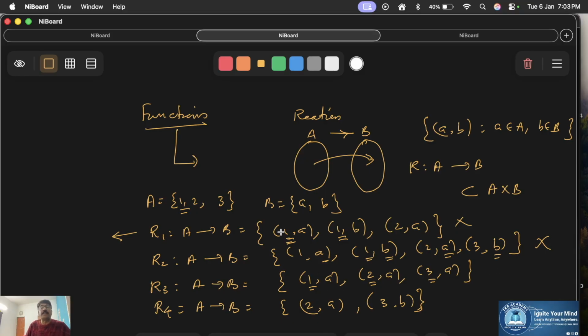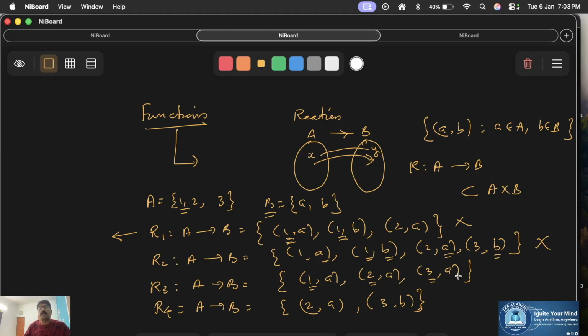That means a function from A to B is a relation from A to B such that every element of A is uniquely associated with some element of B, that is, has a unique image in B. Every element x you take here must be associated with a unique y in B. In such a way, if there is an association or relation from A to B, then it is a function.